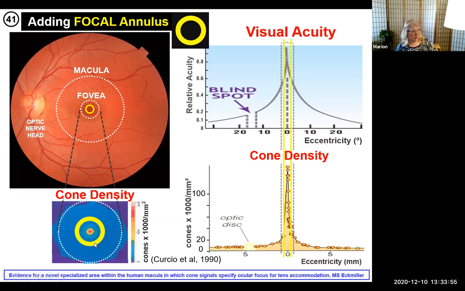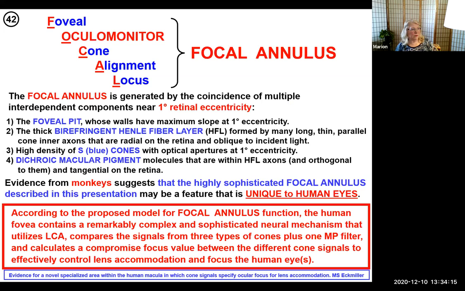So the focal annulus is well out of the way of the fovea where we have the highest cone density. It is, however, going to be providing a good estimate, or it can, of how the eye should best focus the wavelengths.